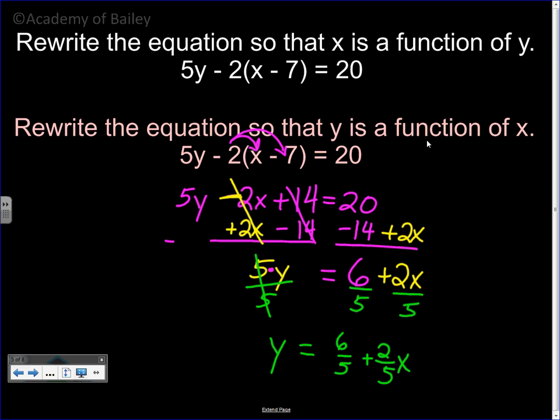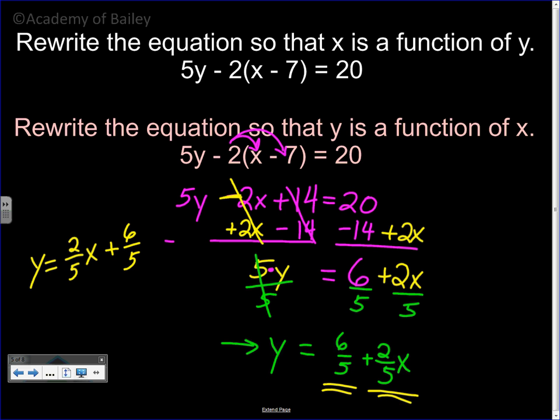This right here, y equals 6 over 5 plus 2 over 5x, can also be rewritten as y is equal to, this is positive 2/5 x, and this is a positive 6/5, so that positive sign will look like an addition sign.